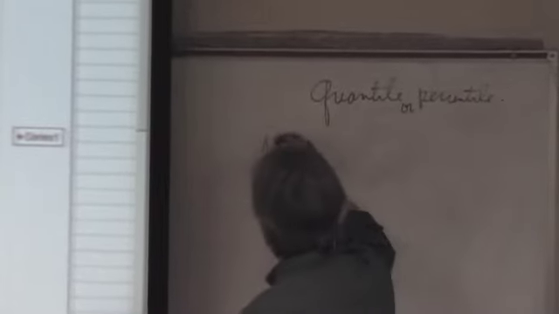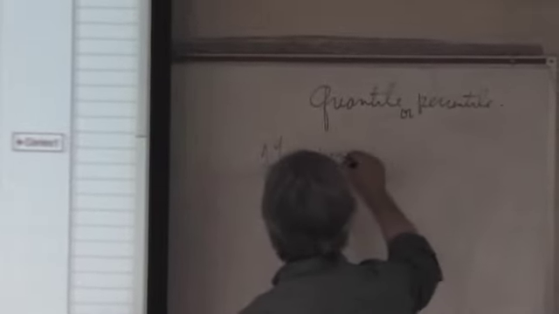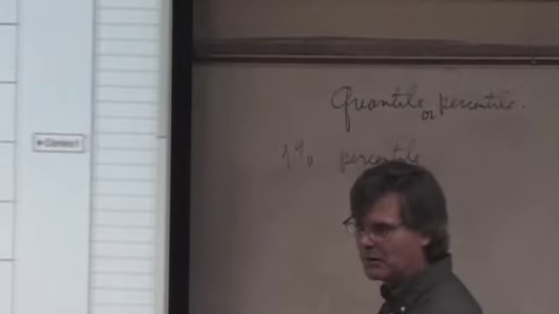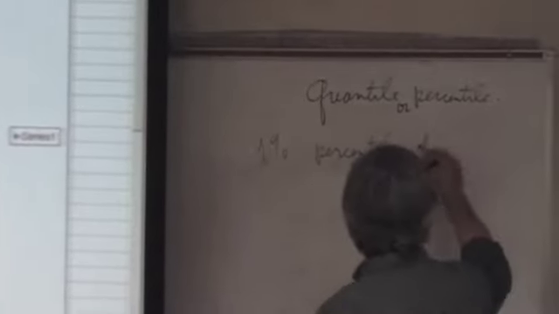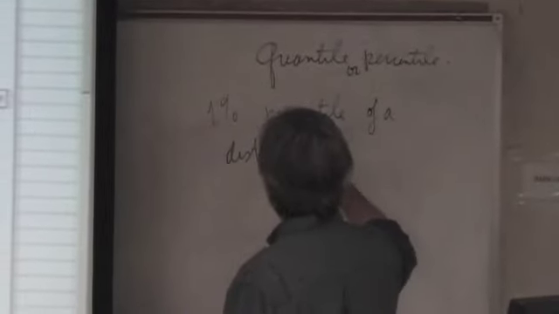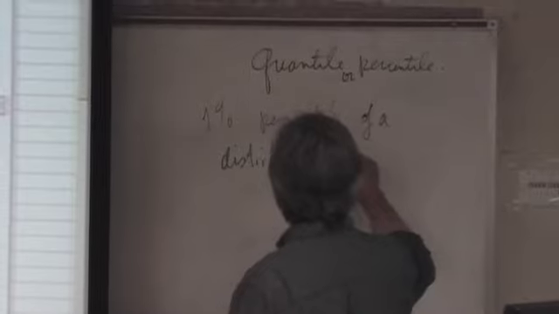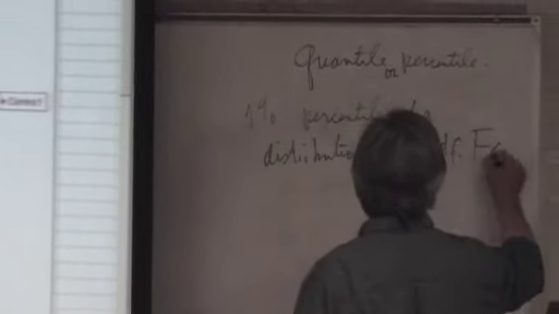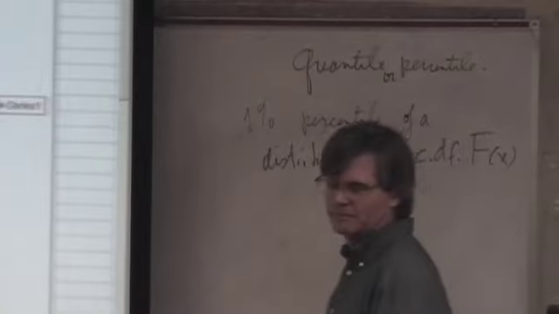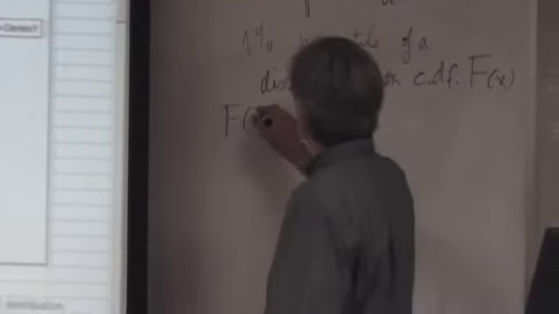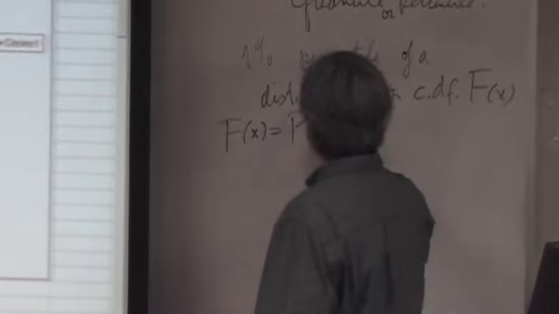What's the 1% percentile of a distribution? With cumulative distribution function CDF, capital F of x, capital F of x is the probability that capital X is less than or equal to x.